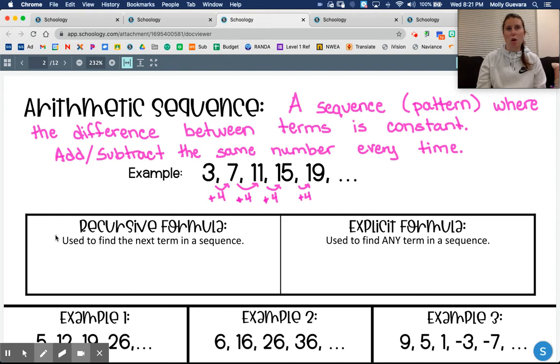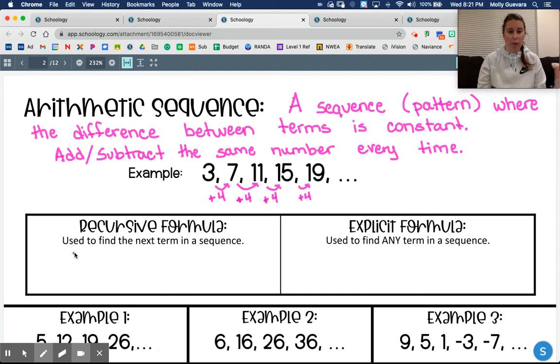If I know the 50th term, then I can use this equation to find the 51st term. But I would have to know the 50th term already. If I want to know the 10th term, I have to know the 9th term, and in order to know the 9th term, I have to know the 8th. So you have to know all the ones before it. This isn't always super helpful, but sometimes it is.